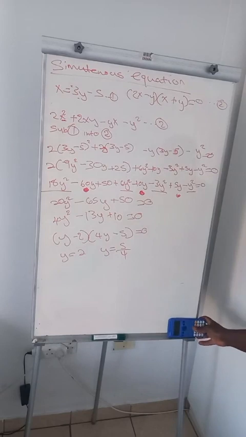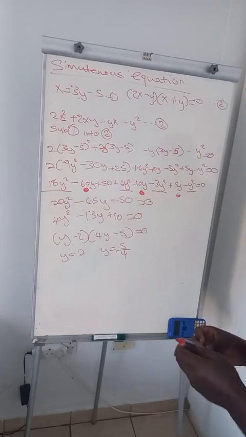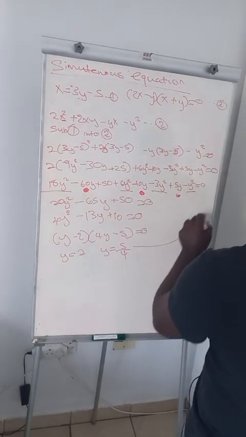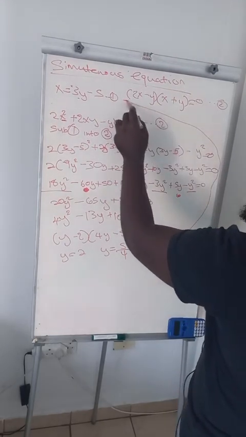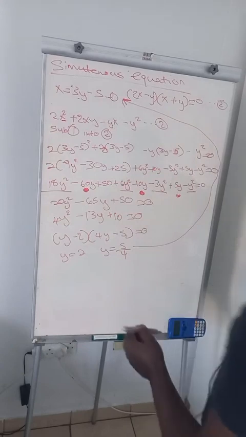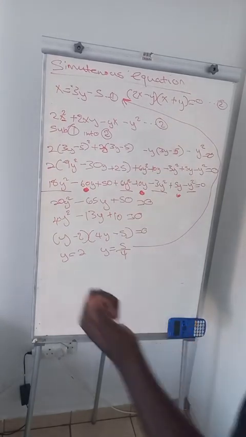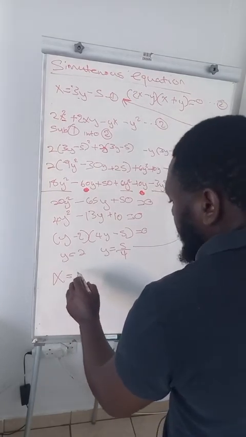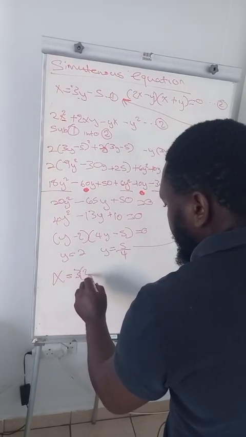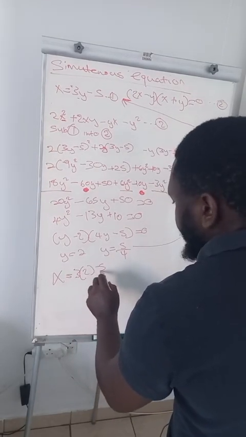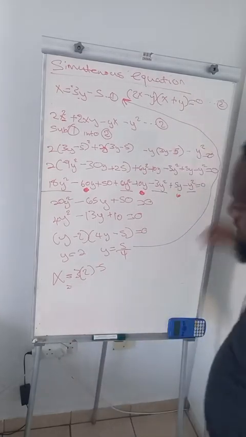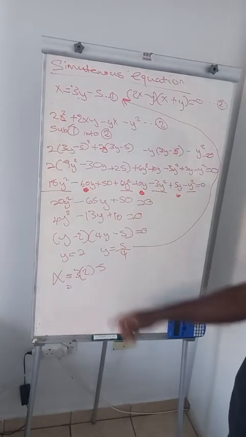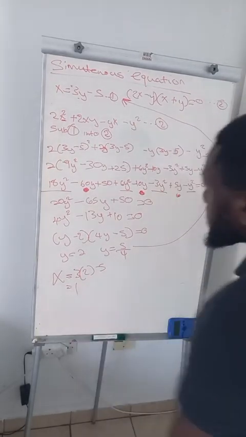So after this, what you need to do now is go back here and replace so that you can get the values of x. So you'll have x is equal to 3 into 2 and then minus 5. Now, 3 multiplied by 2 is 6. 6 minus 5, you get 1.